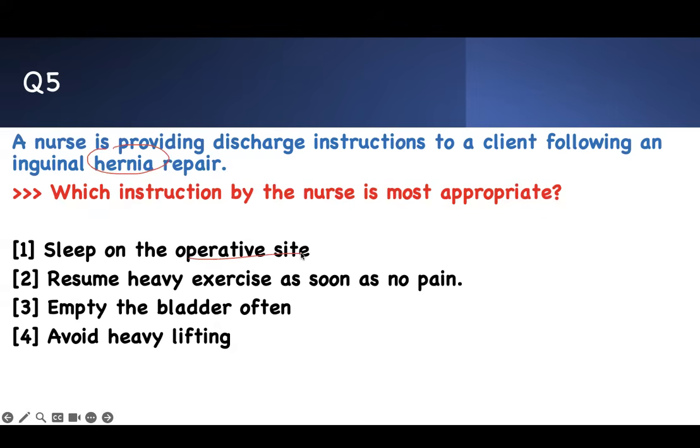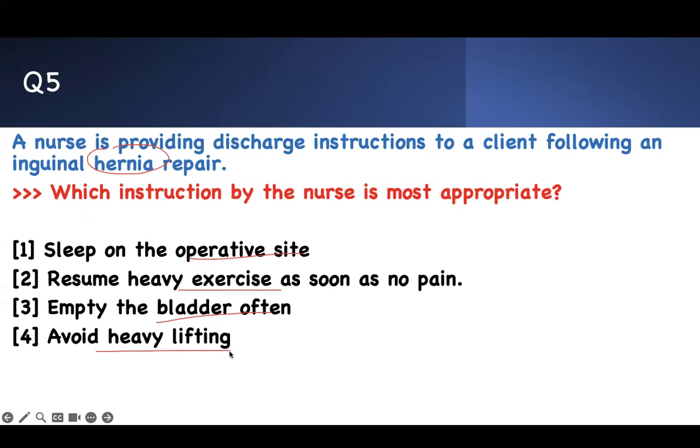Sleeping on the operative side to not increase intra-abdominal pressure, right? Resume heavy exercise as soon as possible. You won't be able to do that right away. You got to wait. Emptying your bladder often will prevent pressure, right, through bladder distension.